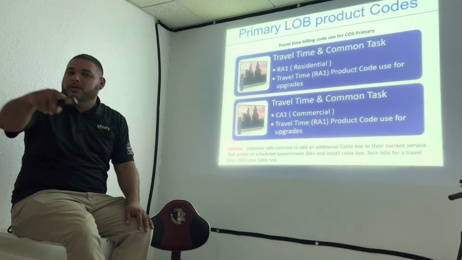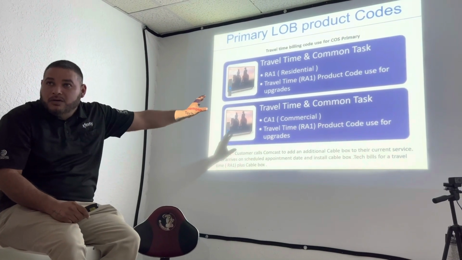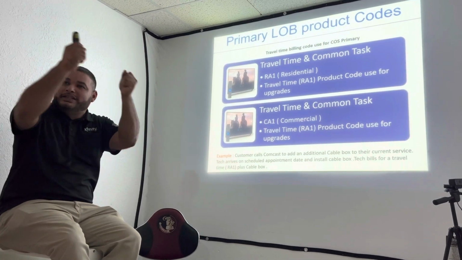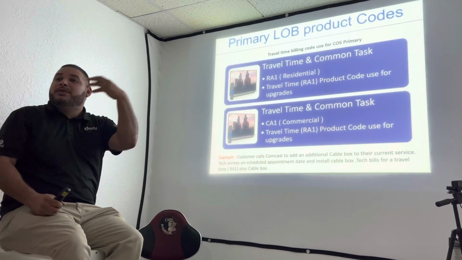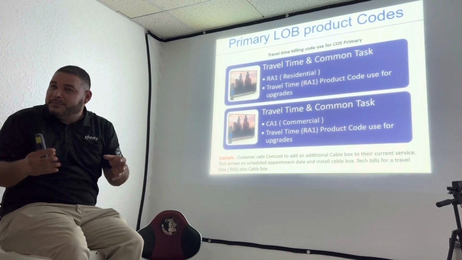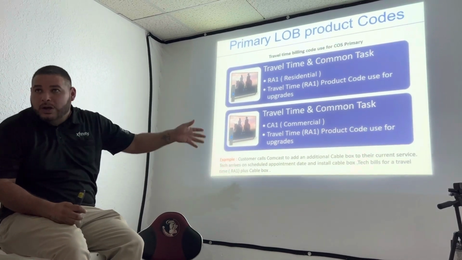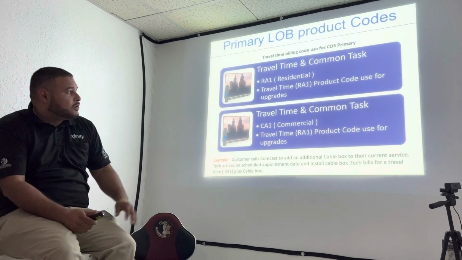Why not RM1? RM1 is only video. But since they already have video, all we're doing is adding an additional cable box to their existing service. We're not running a new line of business. It falls within the same line of business. So it will be RA1 plus the type of equipment you install. Make sense now?